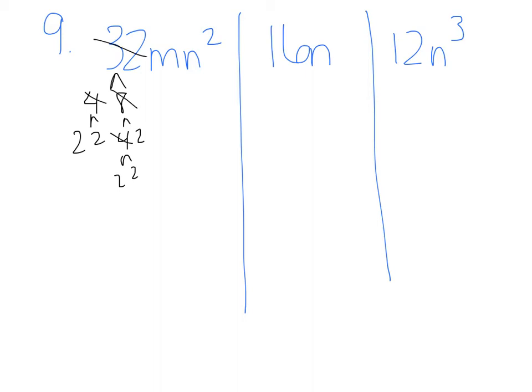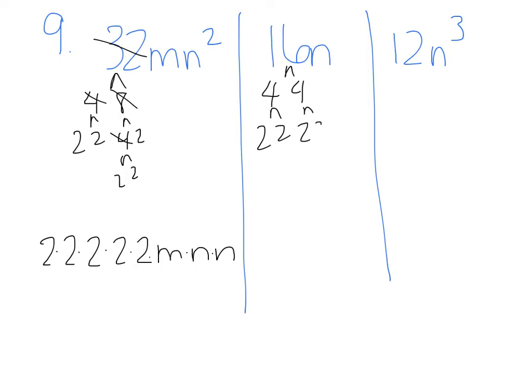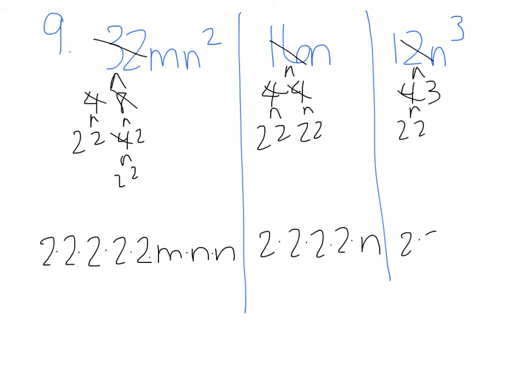So 32 is 2 times 2 times 2 times 2 times 2, m n times n. 16 we can break down to 4 2's, so 2 times 2 times 2 times 2 times n. And then our 12 is 2 times 2 times 3 times n times n times n.